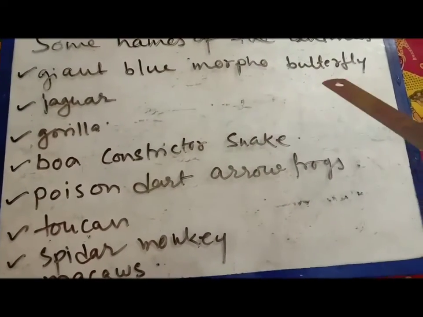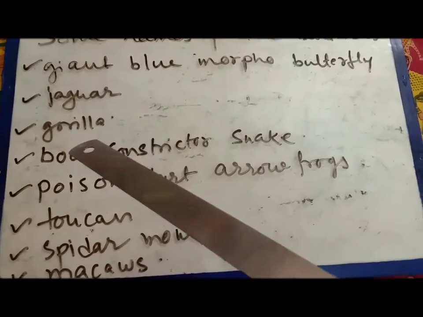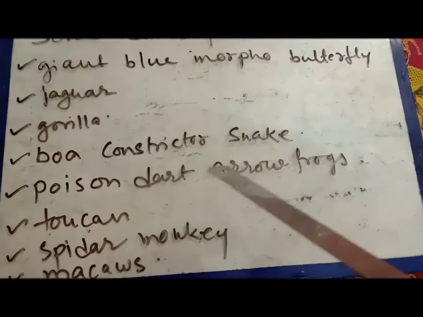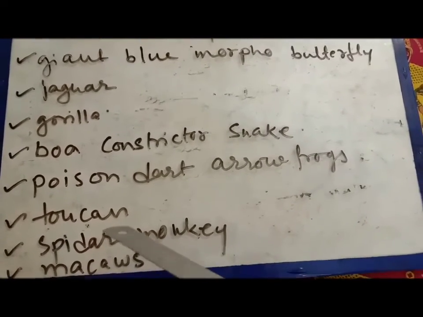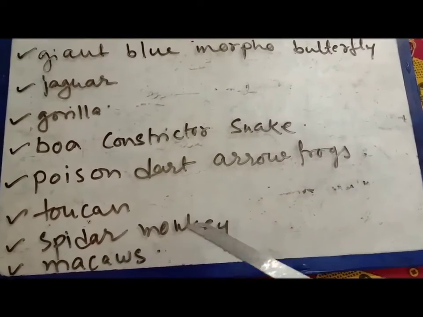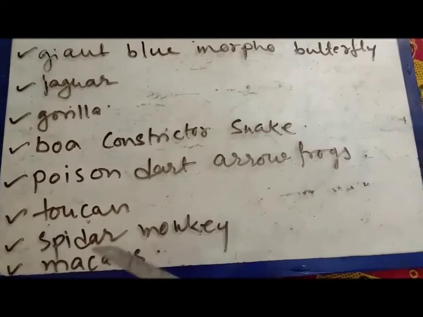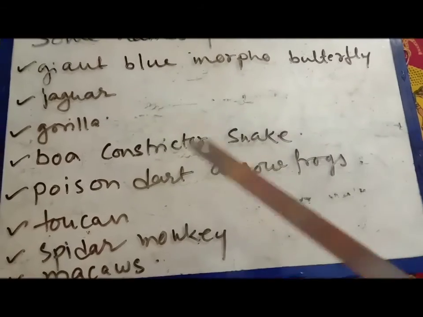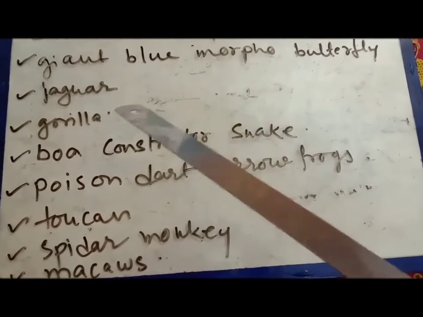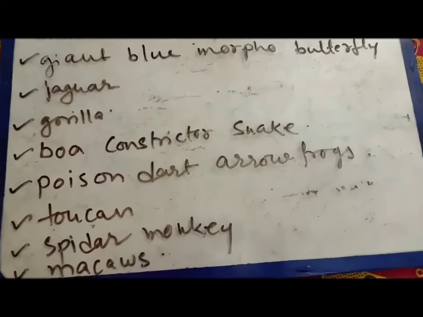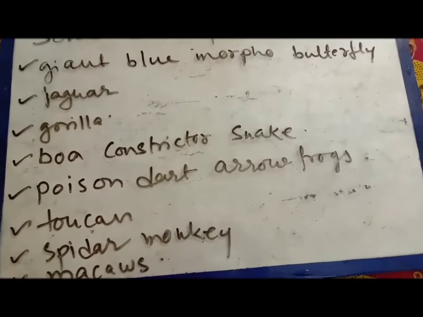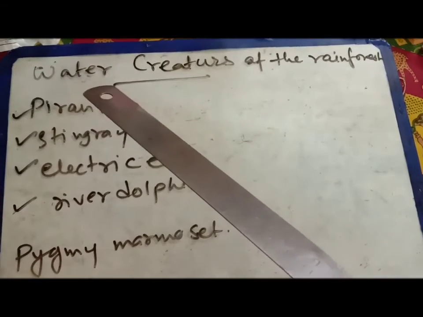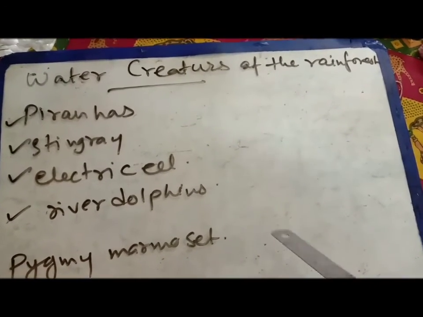Giant blue morpho butterfly, jaguar, gorilla, boa constrictor snake, poison dart frogs, toucan and spider monkey, and colorful macaws. Just learn this chart by heart, the names, and it will be enough for you.